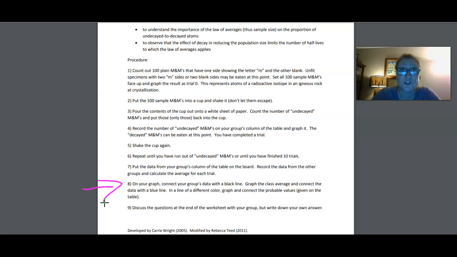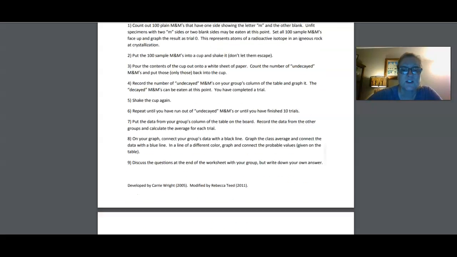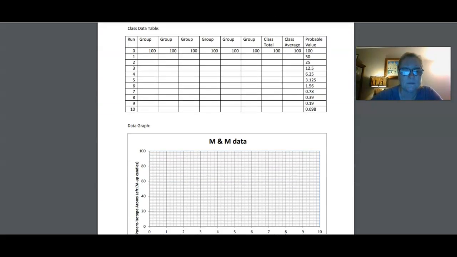All right, so on your sheet, you're going to put all of your data points for your own group, with a black line and connect them. And then you're going to graph the class average with a blue line, right? So you just have two different colors. It doesn't matter if it's black and blue, whatever, just as long as it's two different colors. So let's take a look at what that would look like here.